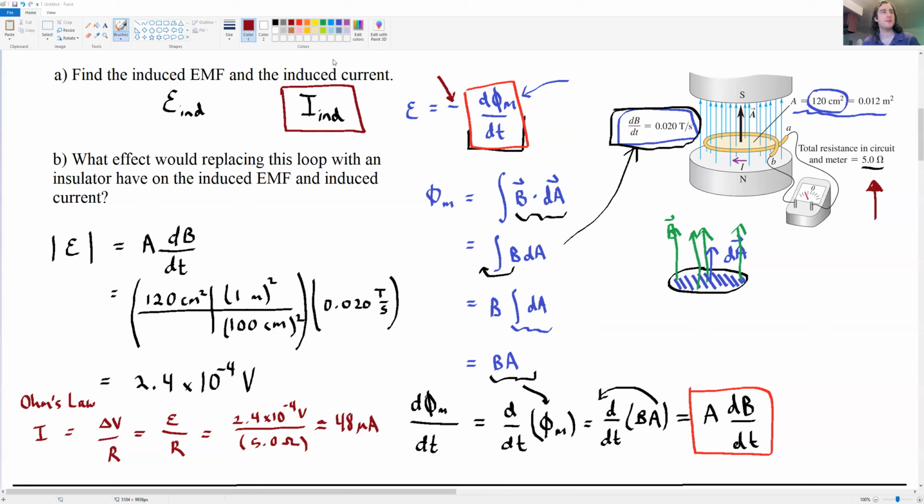I tend to agree with you because the magnetic field is due to the magnets outside, right? It doesn't have anything to do with the insulator. How about the area of that loop?